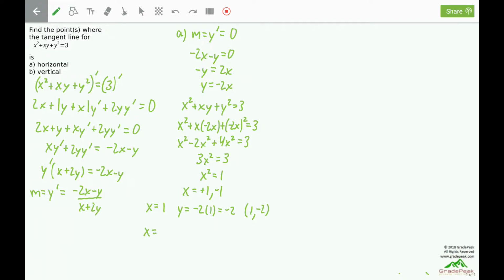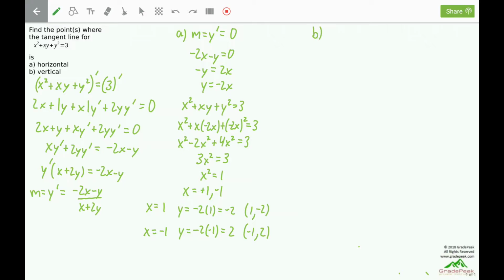We also have the x coordinate of negative 1, and the y coordinate will be negative 2 times negative 1, which is a positive 2. We have an x coordinate of negative 1 and a y coordinate of positive 2. There's the 2 points where the tangent line would be horizontal.